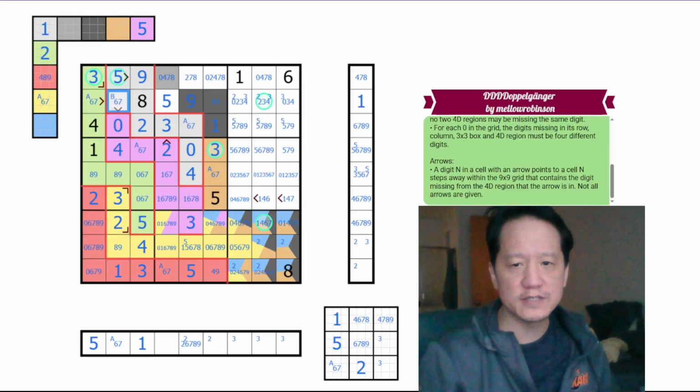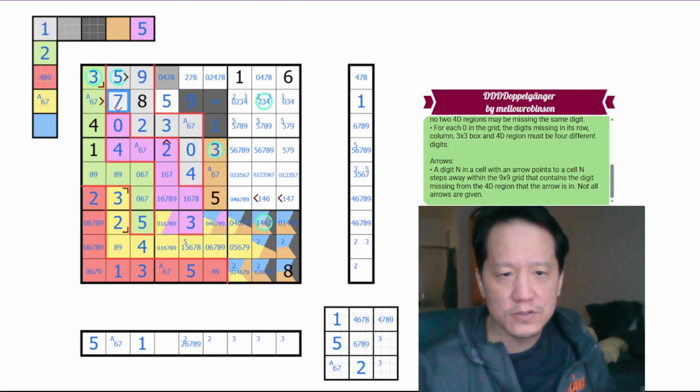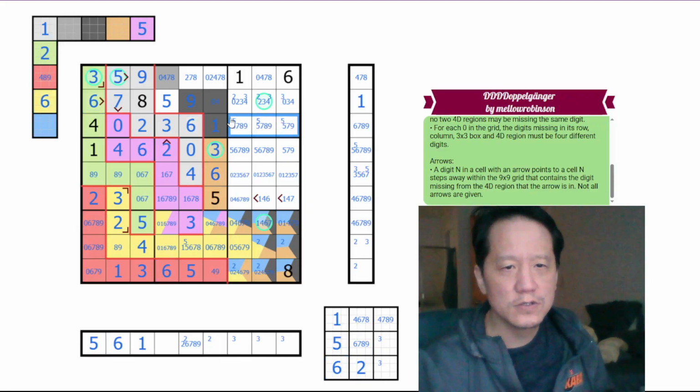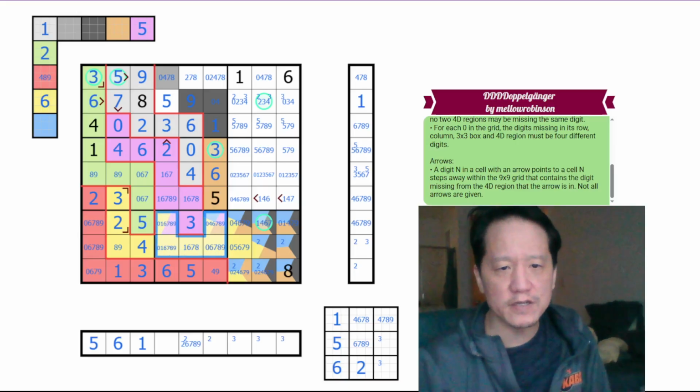So B has to be 7, and A has to be 6. So A is 6. So it's that cell there. That eliminates 5 and 6 in the rest of box 8.